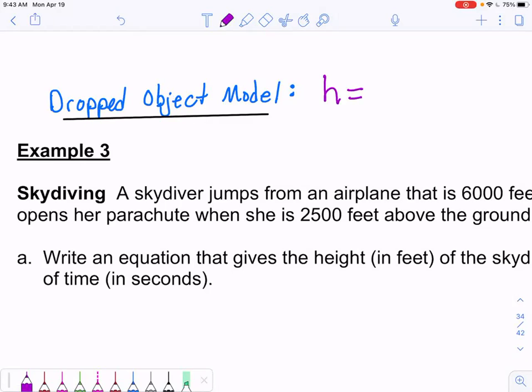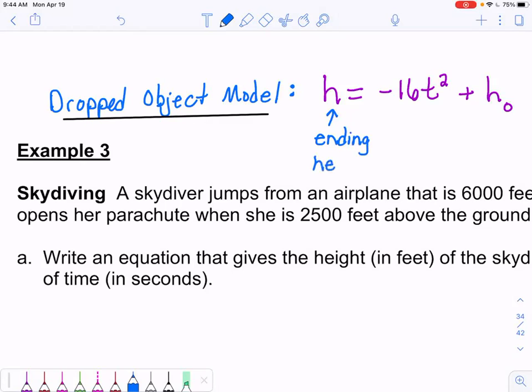And that formula will be given to you: h equals negative 16t squared plus h with the little 0 underneath it as a subscript. There are two h's in this problem. The first h is the ending height.